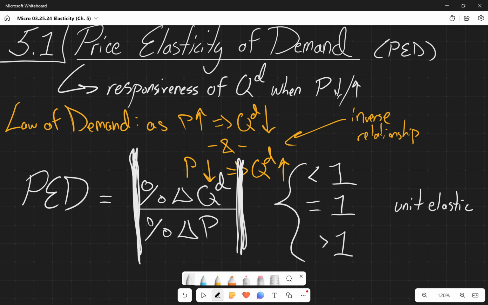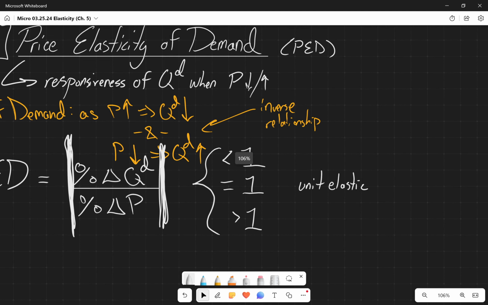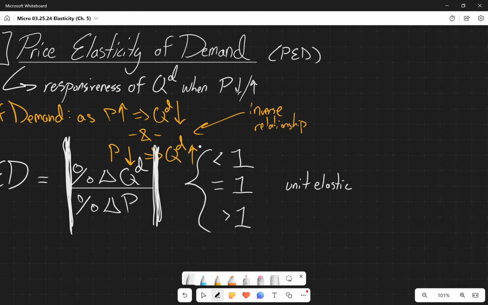Any increase in the price is going to be matched by an exact and corresponding change in the quantity demanded. So I can't impact my total revenue by changing the price.